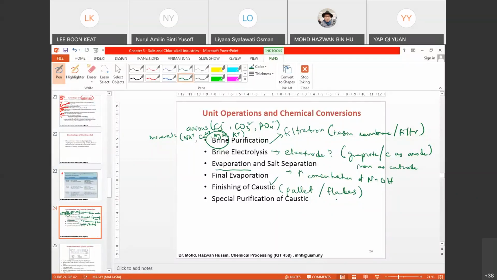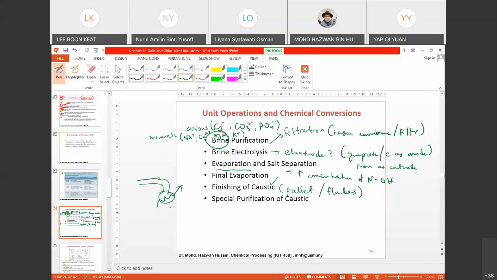So how do they actually produce it? When they do evaporation, they inject the solution into a heater, maybe a heat exchanger.